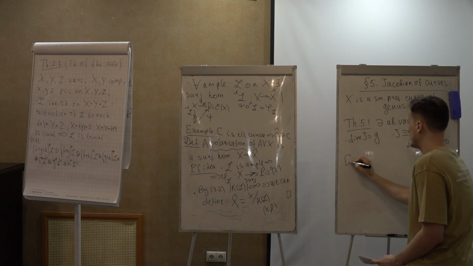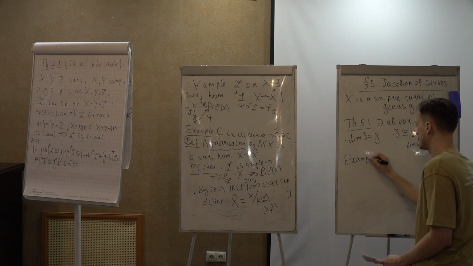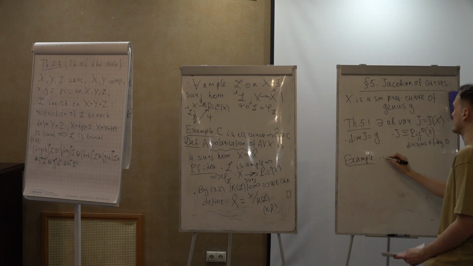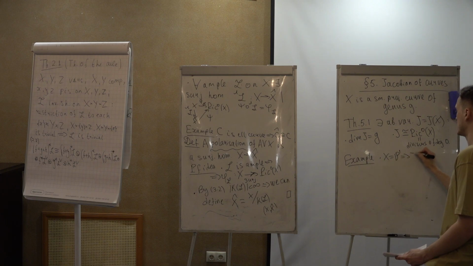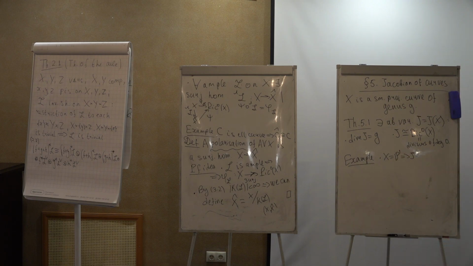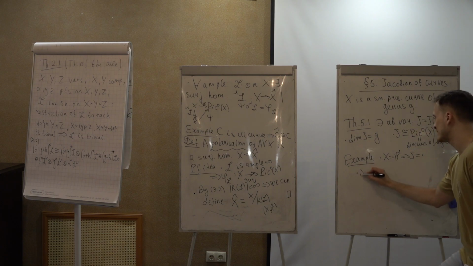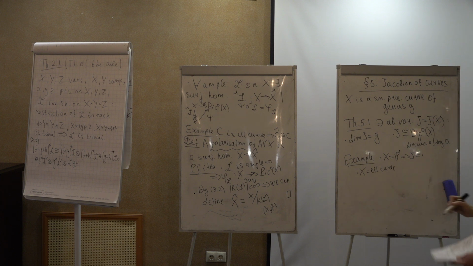Of course, for example, for P1, J is what? A point. And for an elliptic curve, that's basically the same as the dual.